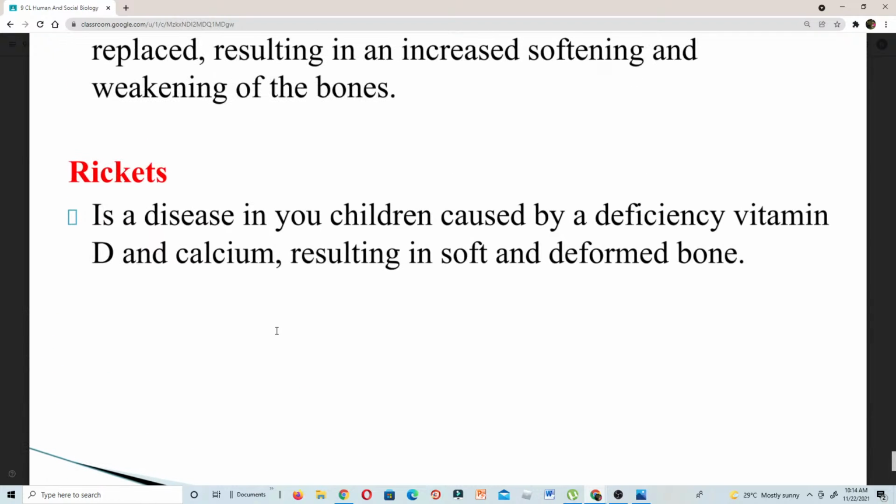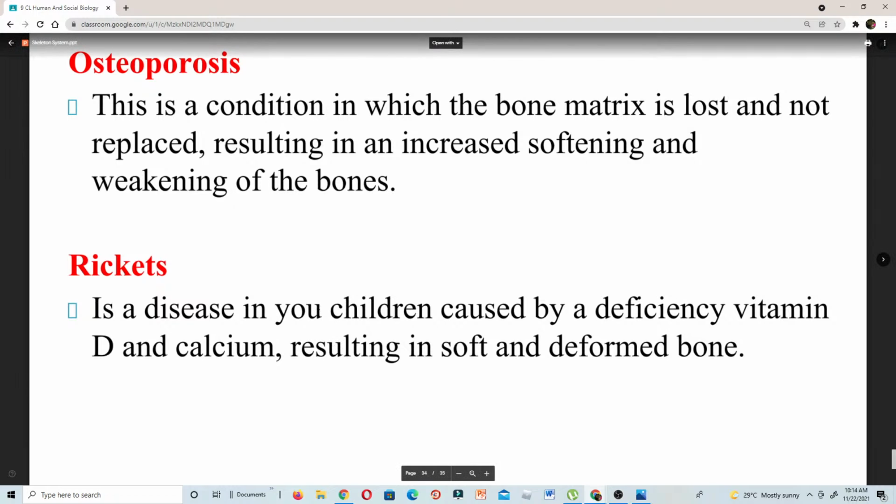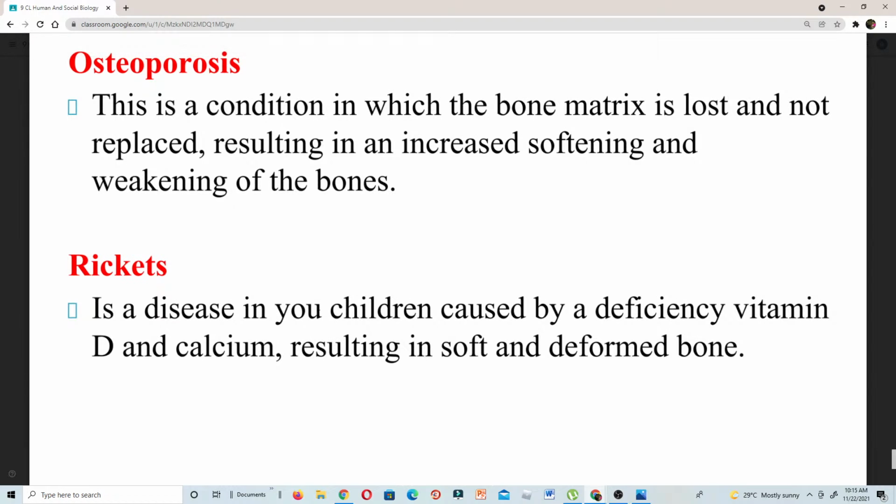Then we have rickets. Another condition, a disease in children caused by a deficiency of vitamin D, vitamin C and calcium. So this should be young children. You see that pointer there?